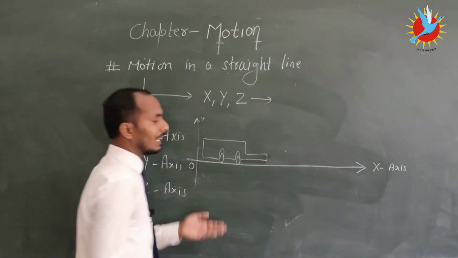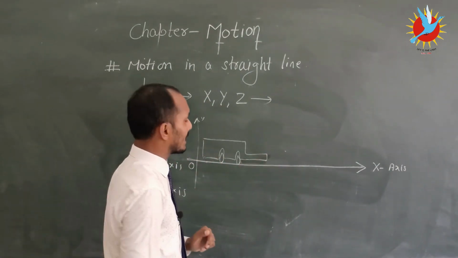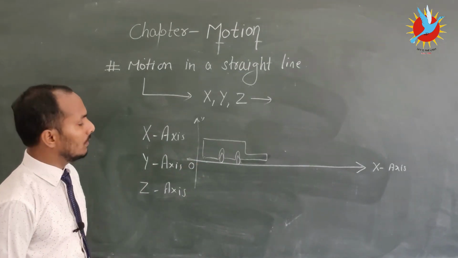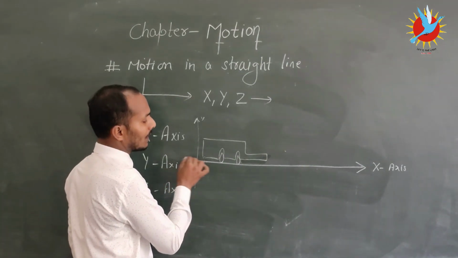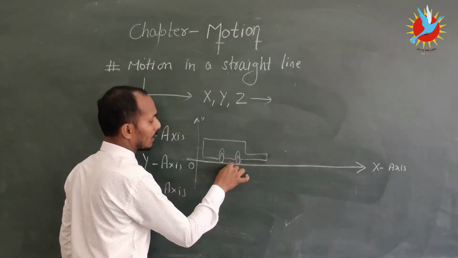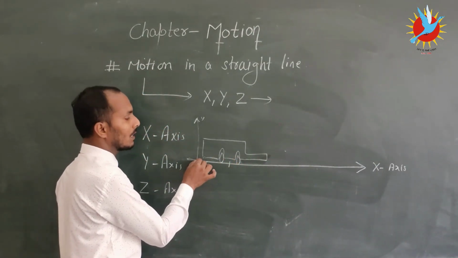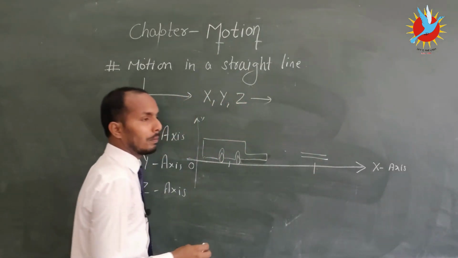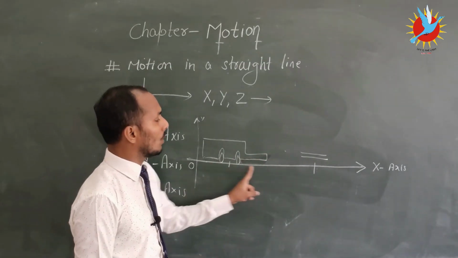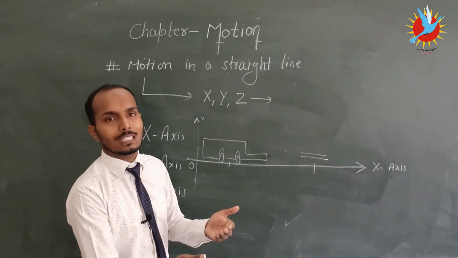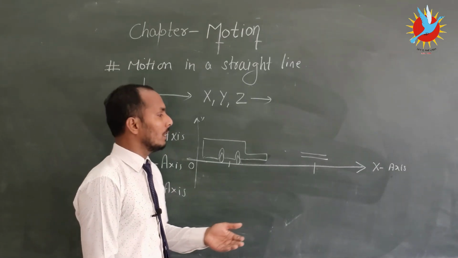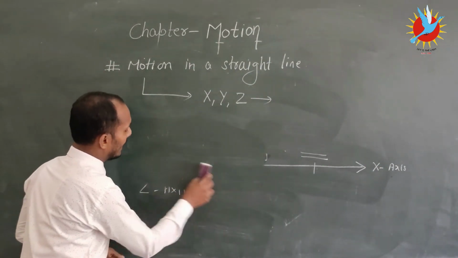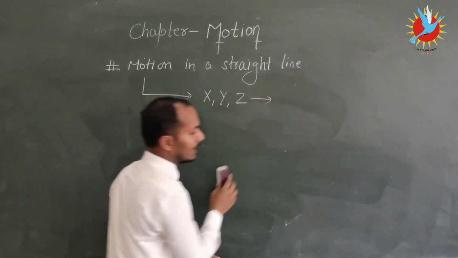Then the change occurs only in the x axis. Suppose the car starts at this point, but after some time it moves along and reaches this point. Then its position changes, but only the x axis position changes, not the y axis or the z axis.